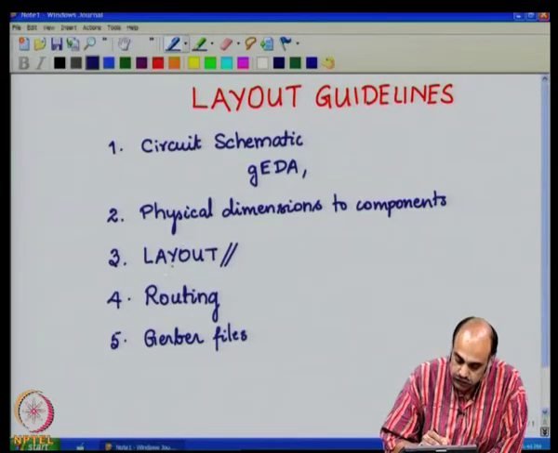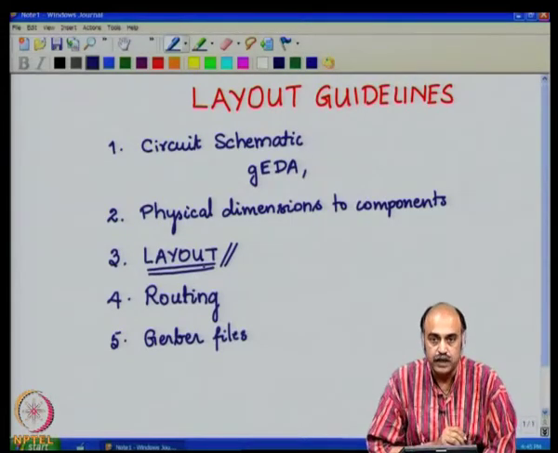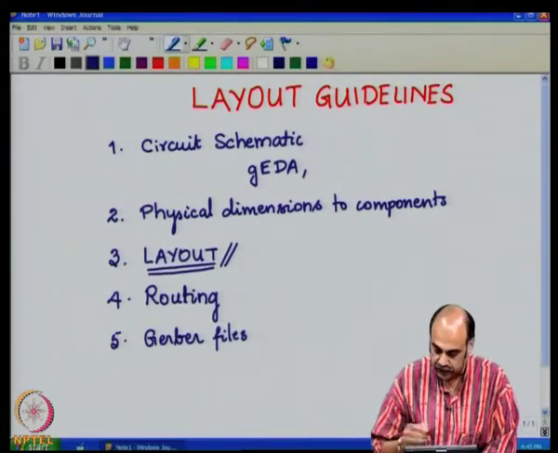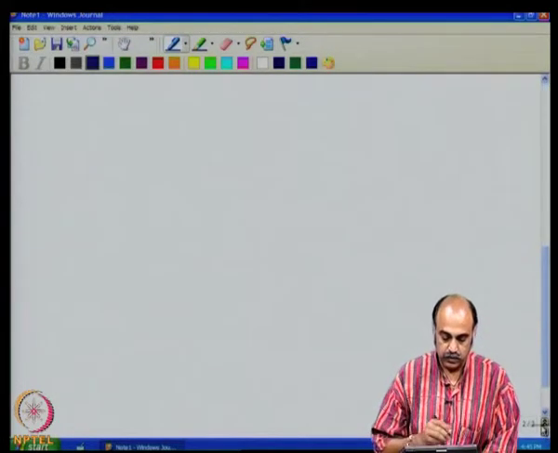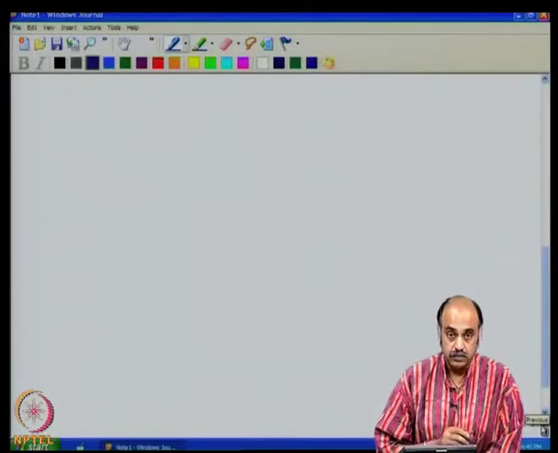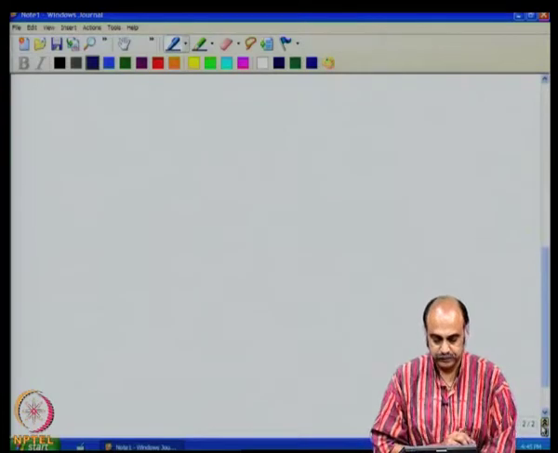So, now let us discuss something about the layout aspect, the layout guidelines, which can have a bearing on your routing and the issues that we have been discussing till now, that is the parasitics.